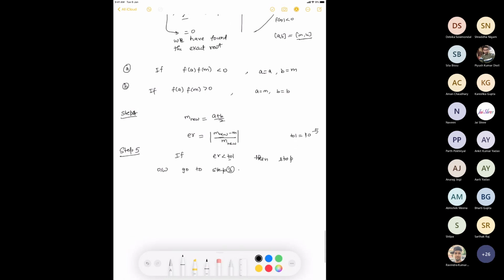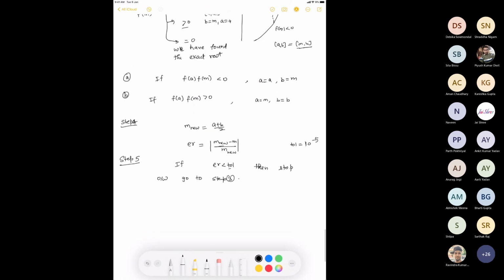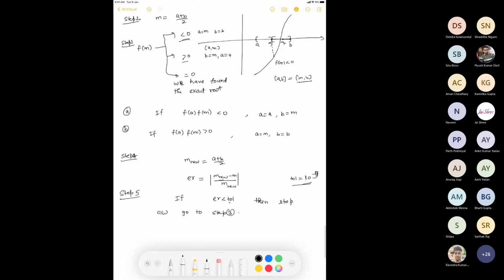So you are basically saying that I'm happy if my two consecutive solutions are not much different. Means that even if you apply further, it is not going to change much, right? So if the error reaches till say the order of 10 to power minus 5, I'm happy with my solution. Or you can say that if you want more accurate, you can make it 10 to power minus 9. So this is up to the user how accurate you want it. Okay. Okay, ma'am.